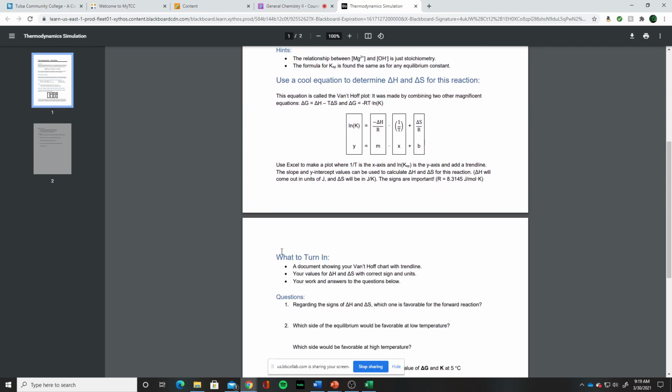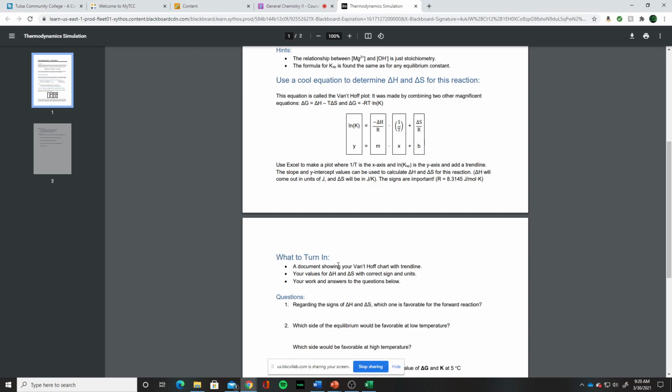Okay, so what you're going to turn in is a document showing the chart with the trend line. So I need to see the data, I need to see the equation, and please label the x and y as well when you're doing that. You need to see your values for delta H and delta S, so there should just be one number for each of those.